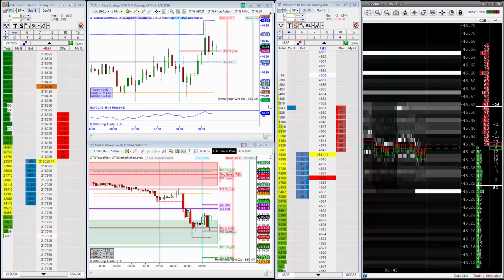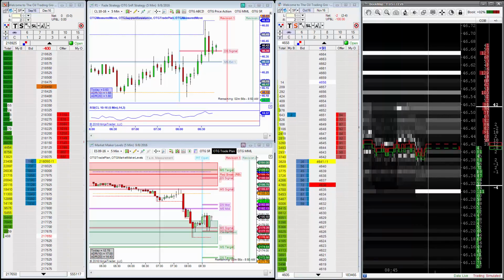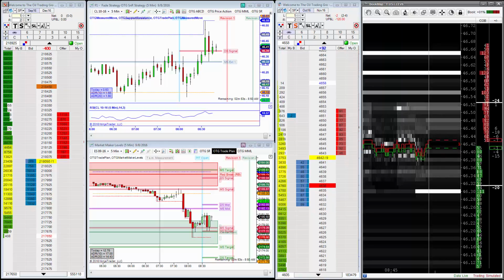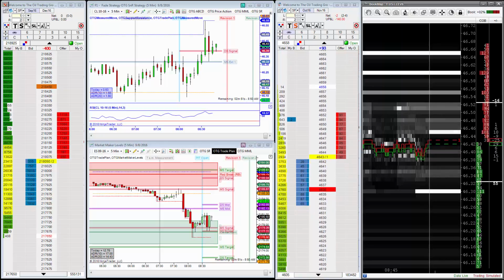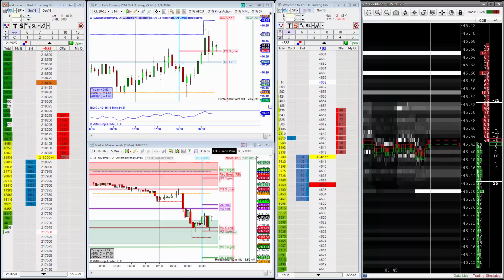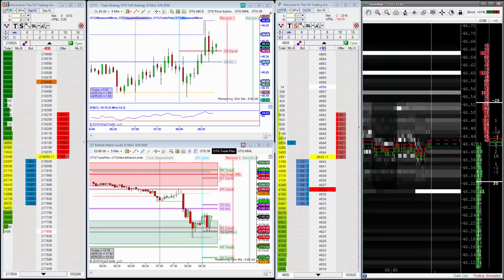Okay. Asian range high is right here in this zone as well. You got a double top, triple top on the 1 minute at 45. Bring this stop down to 46. 46 on the trail stop. 10 ticks.